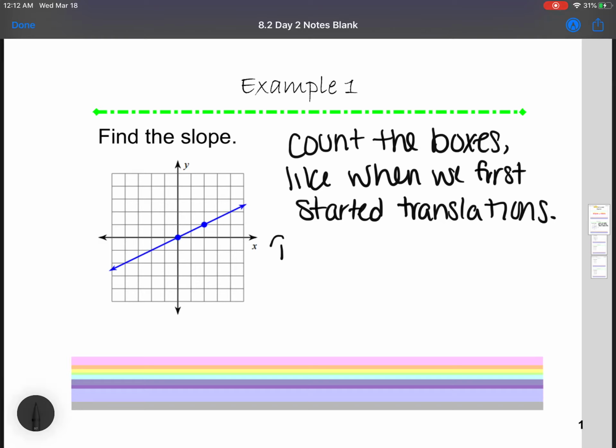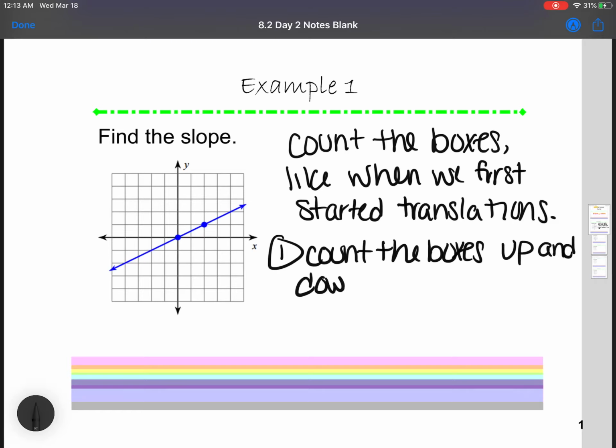So what we want to do first is count the boxes up and down between points, on the y-axis.